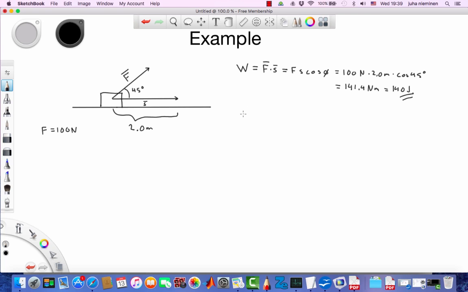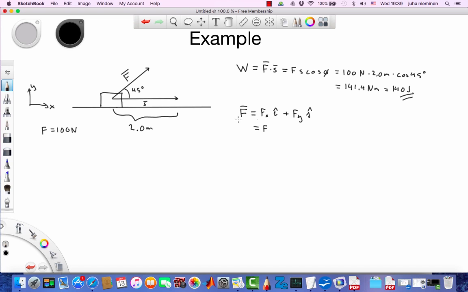Well, let's calculate the dot product in the other way we learned. First of all, we have our vectors F and S in components. So this is Fx times i. Here we have the x-axis and y-axis, and then also the y component like this. And what is Fx?